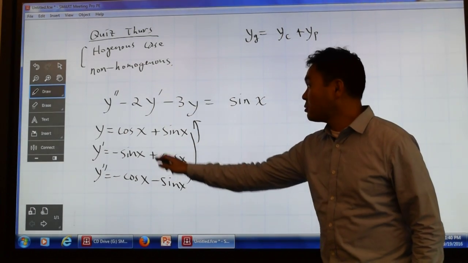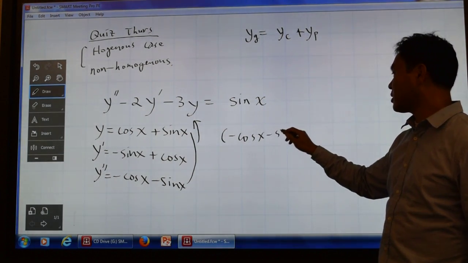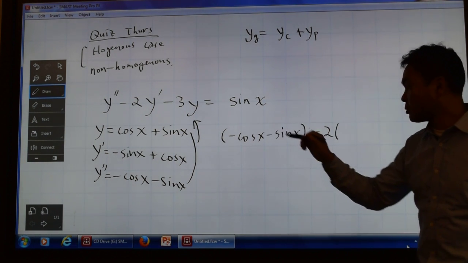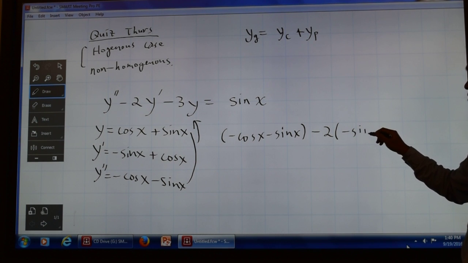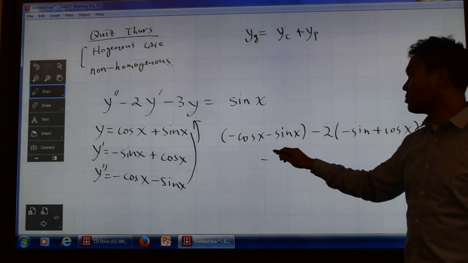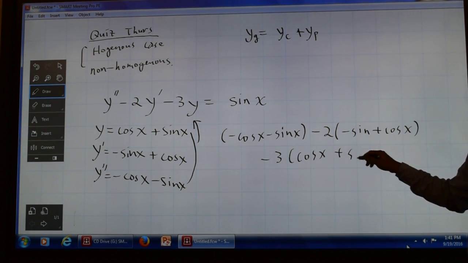The first, y double prime is negative cosine x minus sine x. Minus twice y prime is negative sine x plus cosine x. And then minus 3 times cosine x plus sine x.